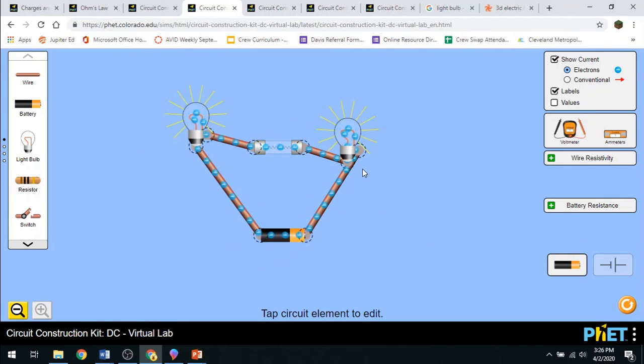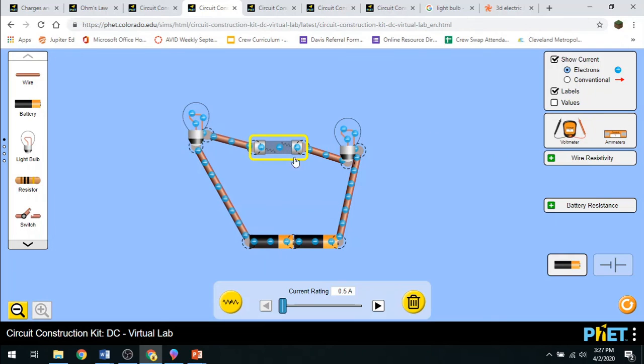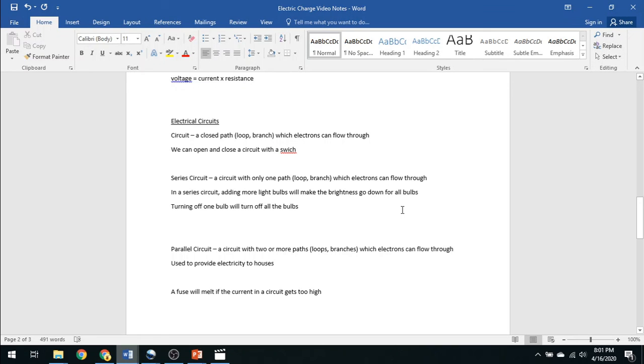Because if there's no loop, then the electricity can't pass through it. So we can test that out here. You noticed before that the electricity was passing through fine, but now if I add a wire here and connect this back up, this fuse broke, and that protected my light bulbs because there's no electricity passing through it.